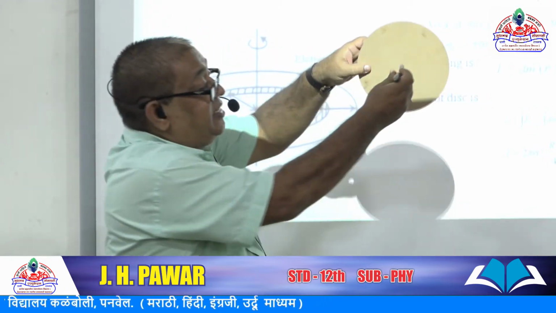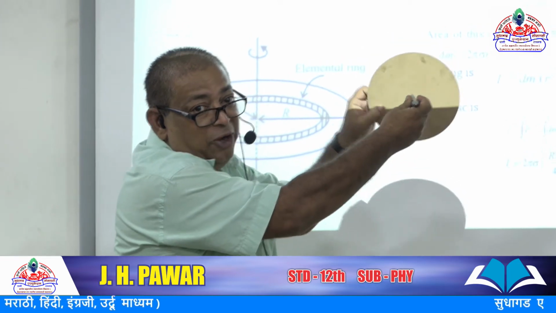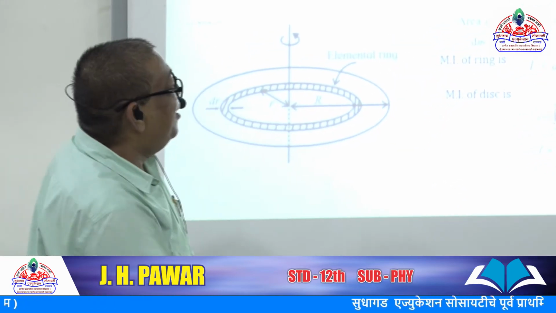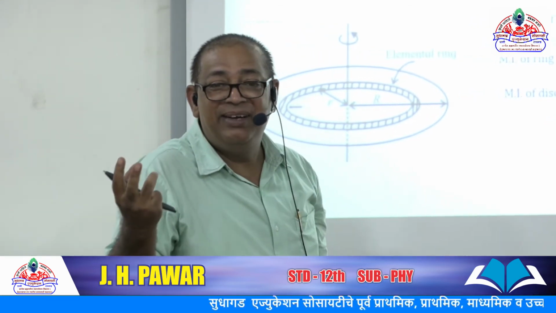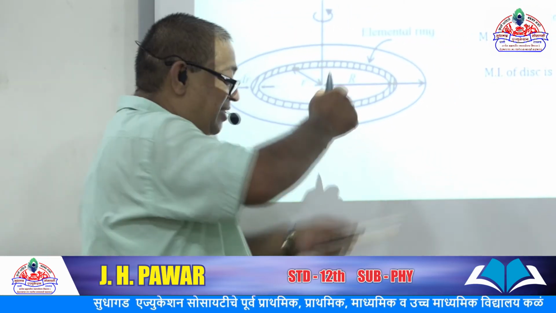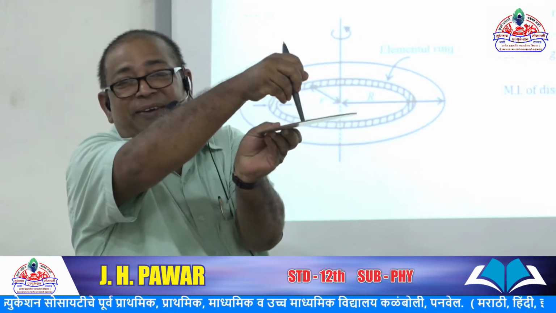Which axis is it? It is an axis passing through its center and perpendicular to its plane. Here consider a uniform disk of mass m and radius r, which is rotating about an axis passing through its center and perpendicular to its plane.